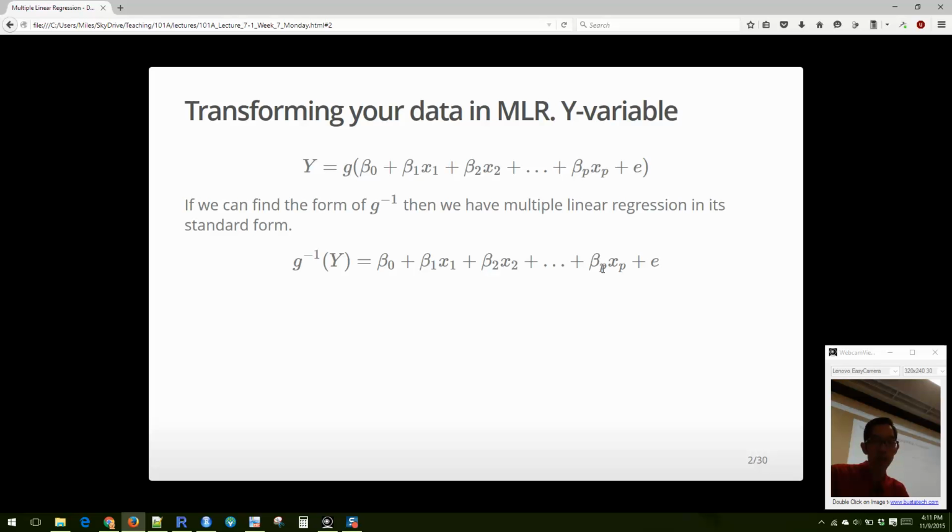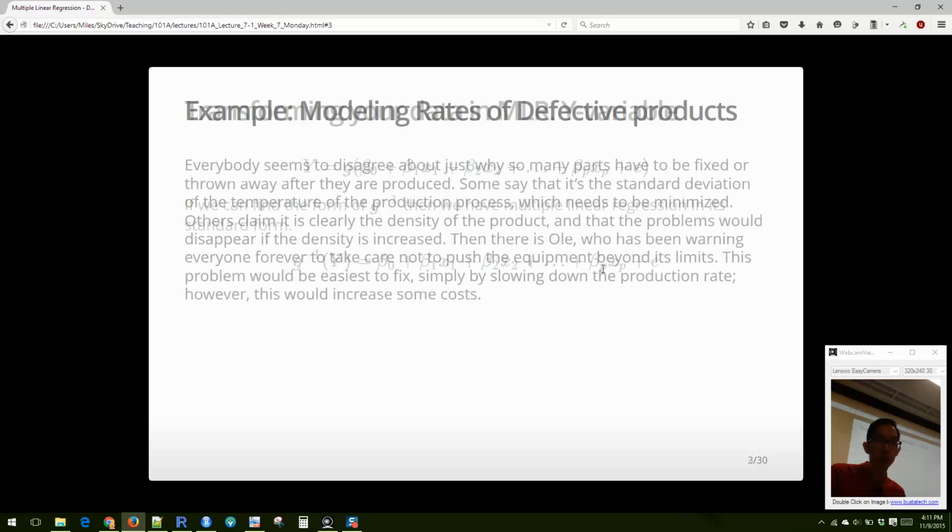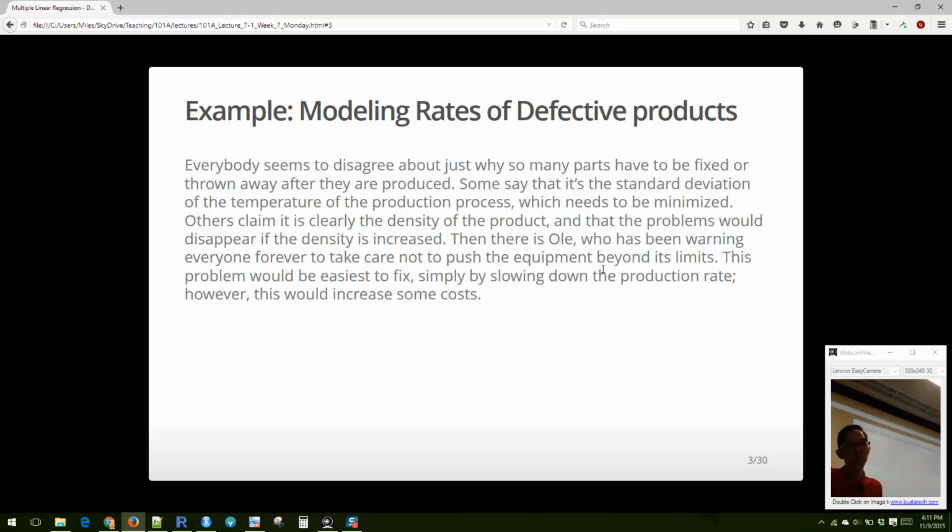To explore this, we can do an example, and we're going to try modeling the rates of defective products at some factory. This is coming from our textbook. There's a factory production process, and a bunch of their parts are defective. One person says the reason it's bad is because the temperature is no good.